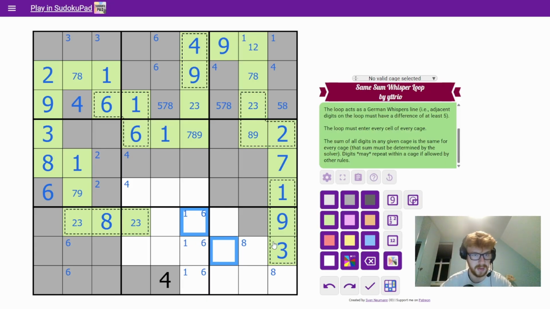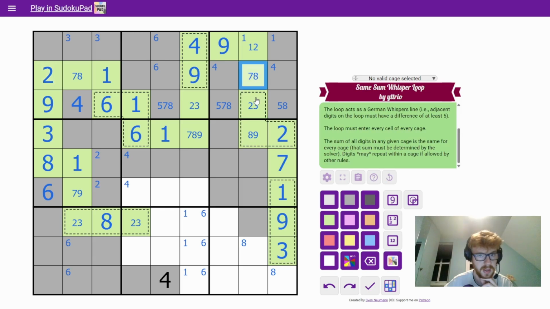And 7 is then also possible. Where am I missing something? It must be something obvious. One of those being a 2. Right, these 2 and these 6s align. But then nothing else aligns.